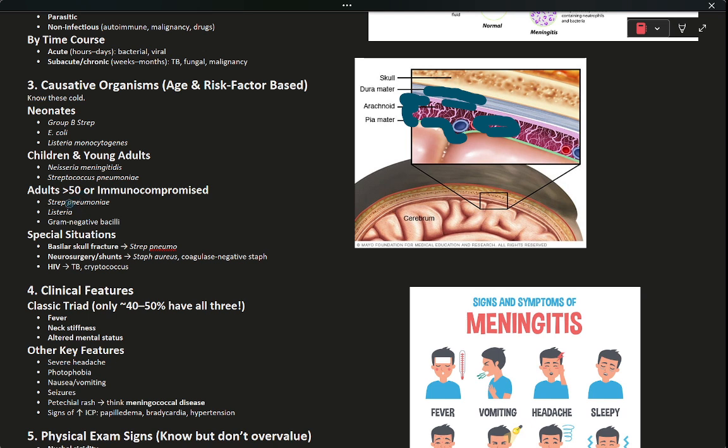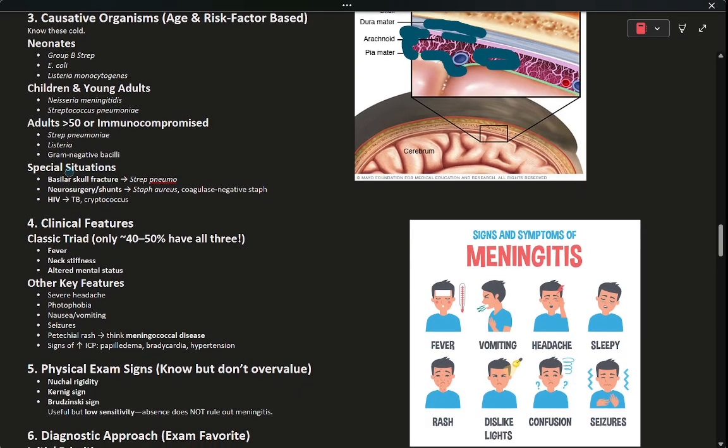That is why the CDC recommends that anyone age 50 or older get the pneumococcus vaccine, to protect against Streptococcus pneumoniae.